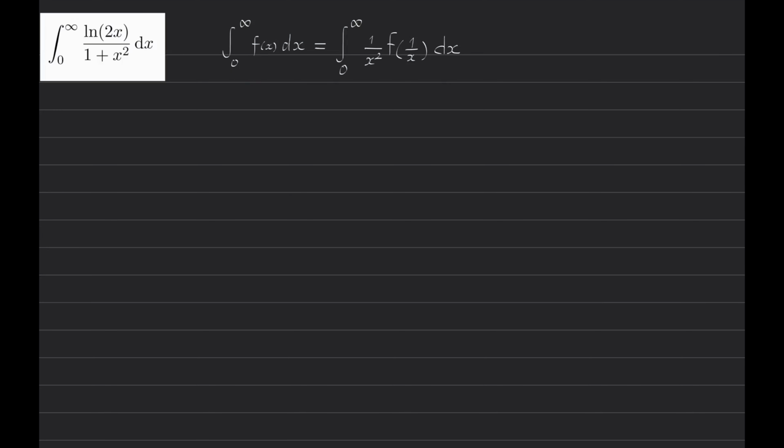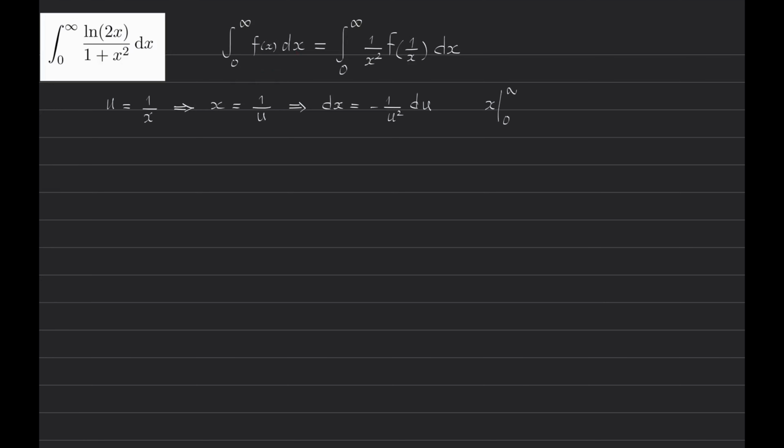To prove this, I will introduce a new variable. I will consider u to be 1 over x, and then from here x becomes 1 over u. And then this means that dx is minus 1 over u squared du. On the other hand, the variable x on the left hand side goes from 0 to infinity.